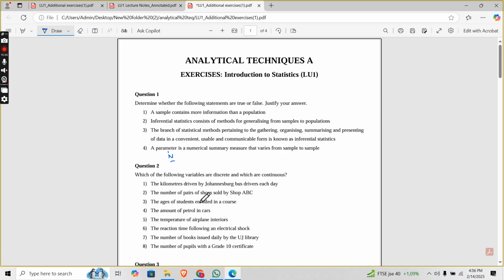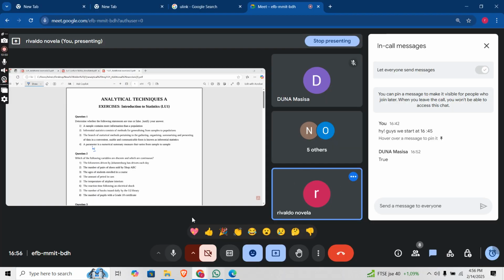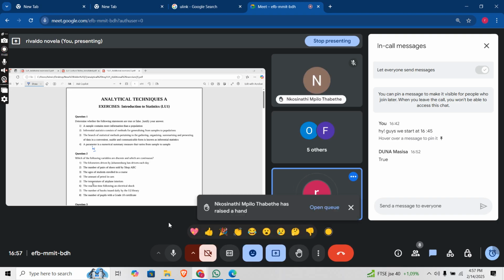So in light of that information, can you please give me the answer for number 4, anyone? I'll just repeat it. Number 4, a parameter is a numerical summary measure that varies from sample to sample. Can you please justify after?